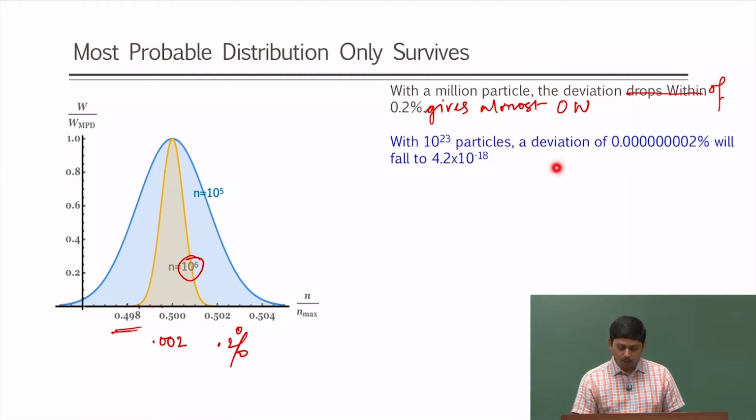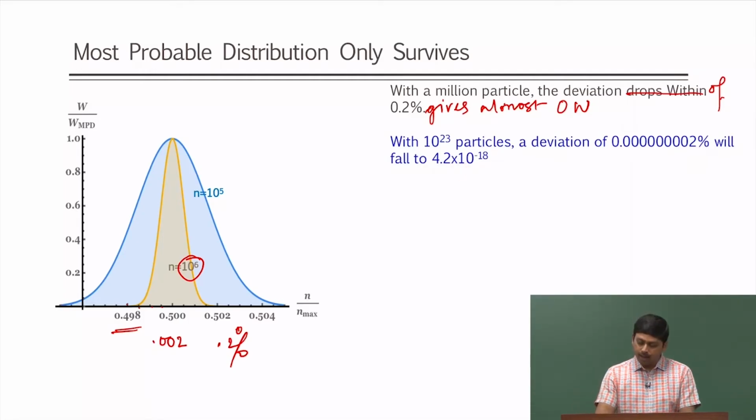0.00000002% will fall to 4.2 into 10 to the power minus 18. So, you can see that a percentage deviation of this much is not probable when 10 to the power 23, or 1 mole of particles, will be there.